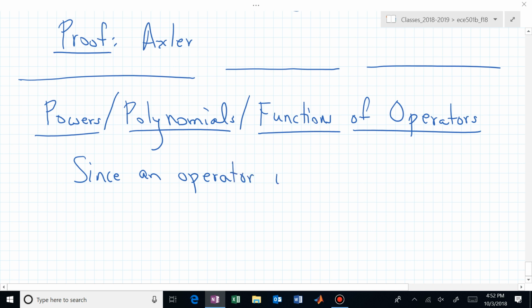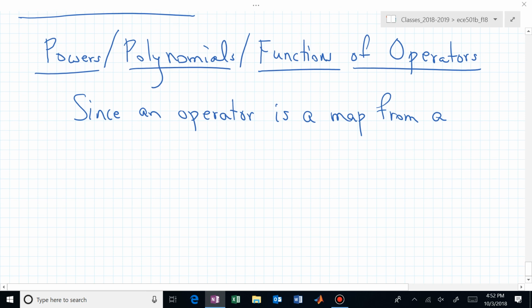Since an operator is a map from a vector space to itself, it makes sense to use repeated application of that operator.